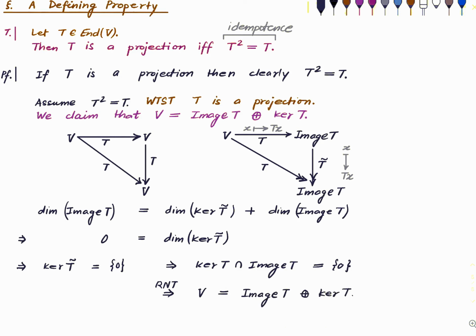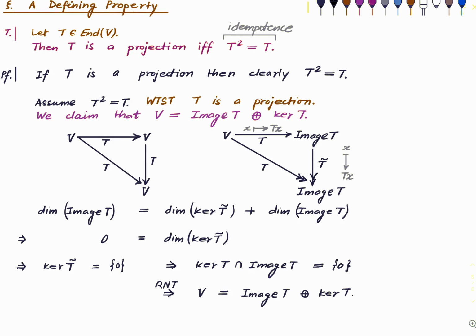Why? Because the sum of their dimensions is the dimension of the entire vector space, immediately by the rank nullity theorem. So this we have proven.